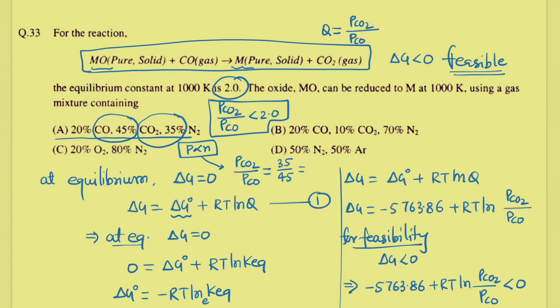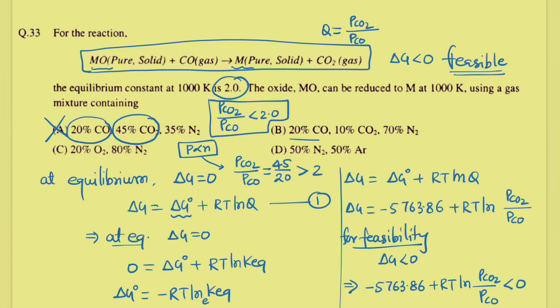Let me check. Oh, sorry, there is a mistake. In the first case, CO is 20% and CO2 is 45%. So 45 by 20, and this is greater than 2. So this is not satisfying the condition, because PCO2 by PCO should be less than 2.